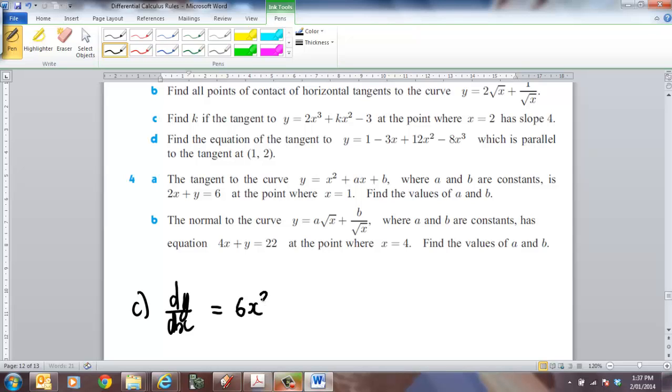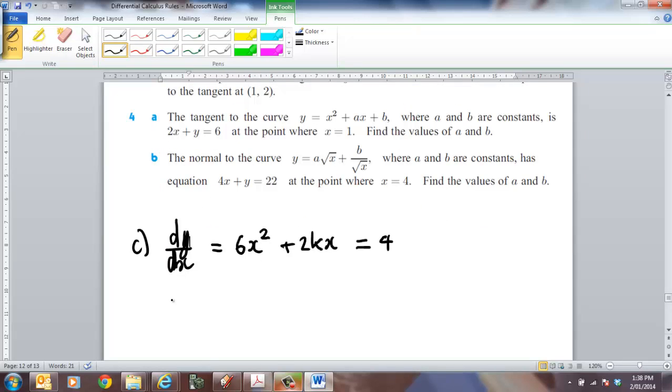So that's going to be 3x squared plus 2kx, and then the 3 goes out and it's 0. Now we know that it's actually equal to 4. So at the point where x equals 2, we're going to have 3 times 2 squared plus 2k times 2, and that's equal to 4.